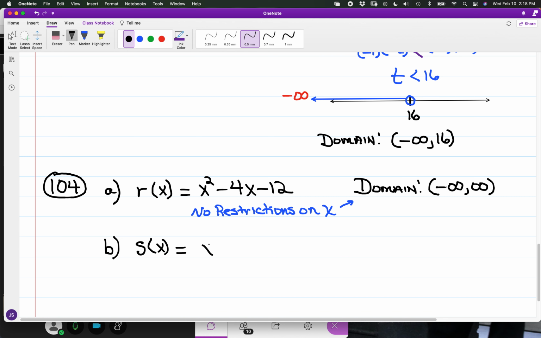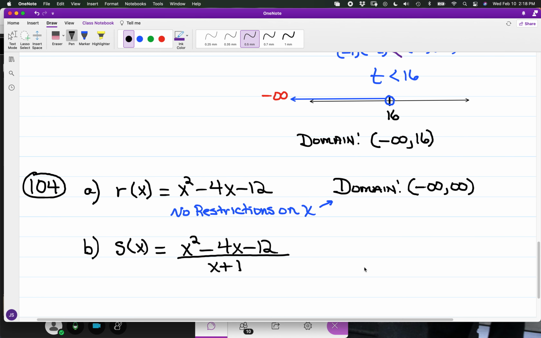Now in the case of s of x, we have x squared minus 4x minus 12, and this time it is all over x plus 1. Now there's going to be a restriction for this particular function, and it's not going to come from the trinomial. Instead, it's going to come from the x plus 1.